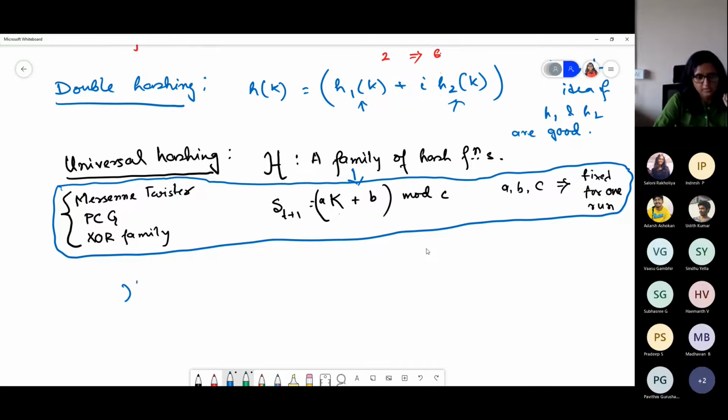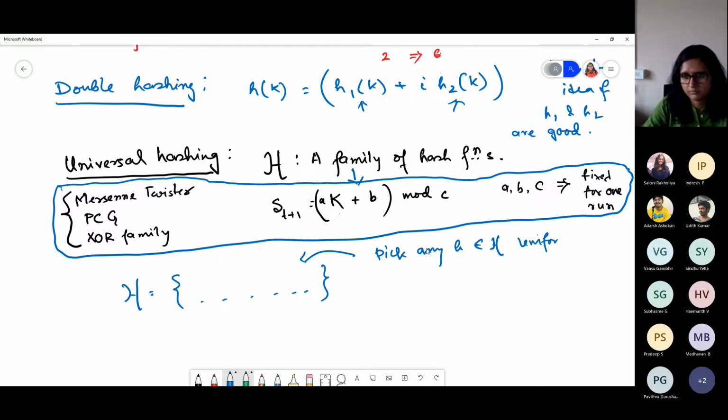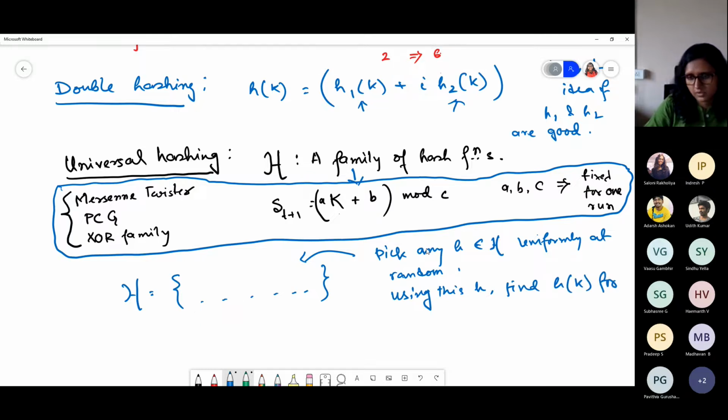So, say this H is a set, some elements are there, you pick one of them, pick any h from H uniformly at random, then using this h you find the hash value, find h of k for your key k.